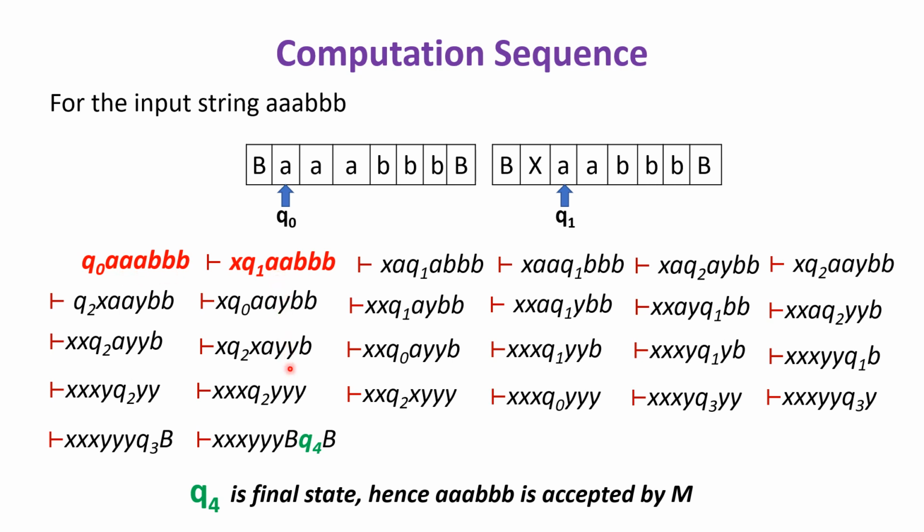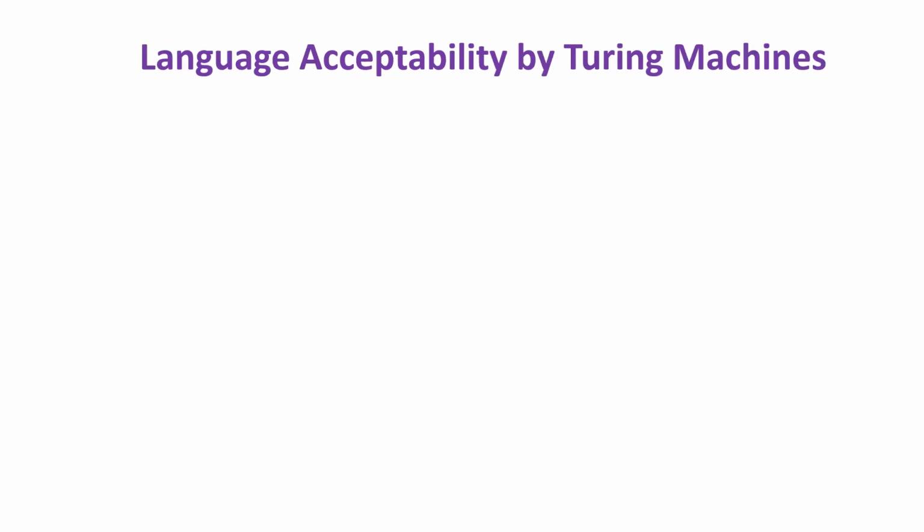After multiple steps, it reaches the instantaneous description XXXYYY blank Q4 blank, where Q4 is the final state, and hence the string A raised to 3 B raised to 3 is accepted by the Turing machine.